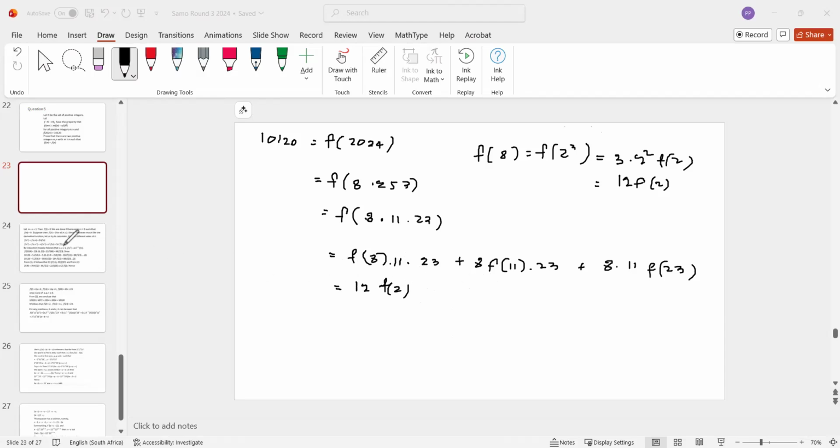Okay, I'll just replace that. Well, instead of rewriting this whole thing, I'll replace this f of 8 by 12 times f of 2. Oh, God. Sorry, that doesn't look very nice. Let's make this thing 12 times f of 2 times 11.